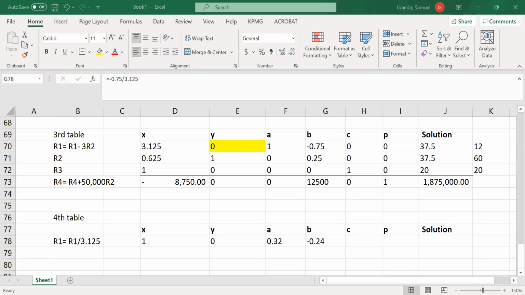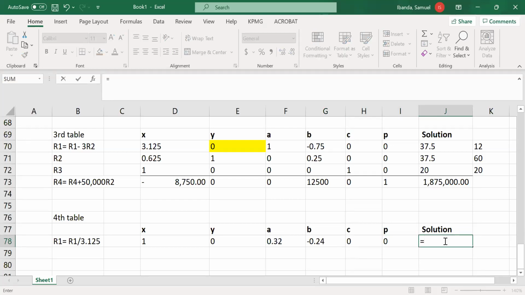That is what I get. Then when I come to C, this is 0 divided by 3.125 gives me a 0. This also gives me a 0. This also gives me, I'm going to do 37.5 divided by 3.125 gives me a 12.